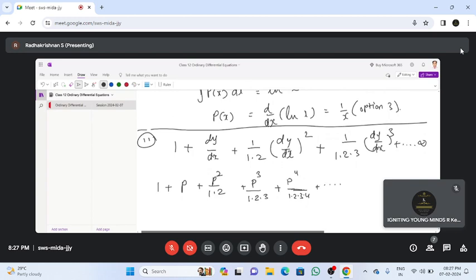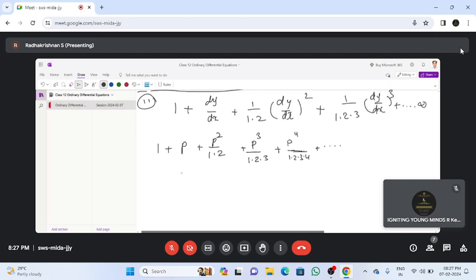Is it binomial theorem or something else? So you see what it is. Can anyone say what expression this is?